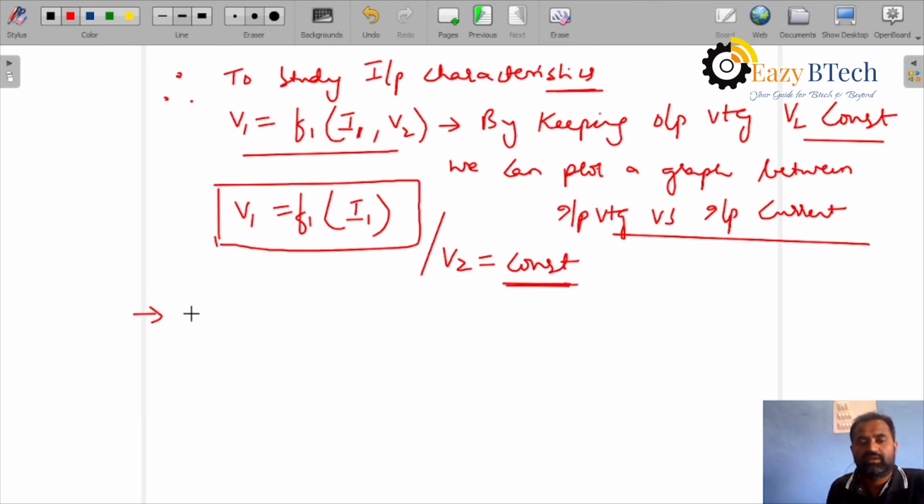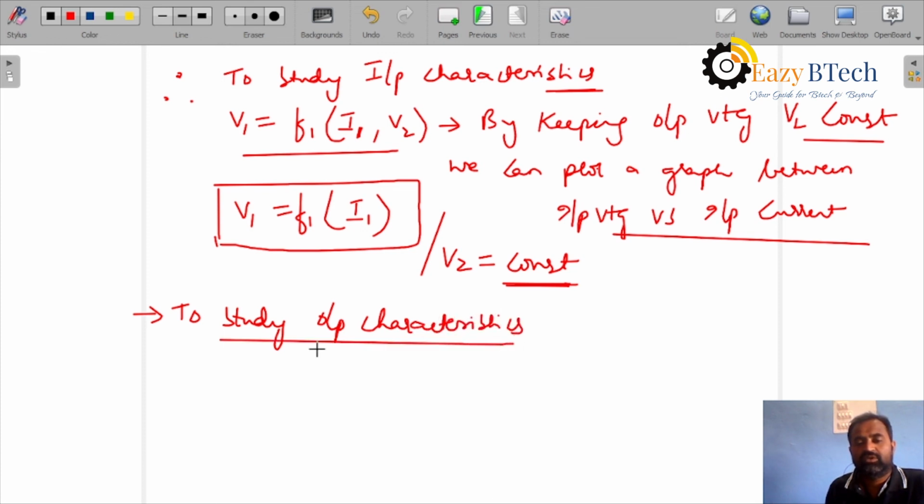Similarly, to study output characteristics, I2 is a function of I1 comma V2.